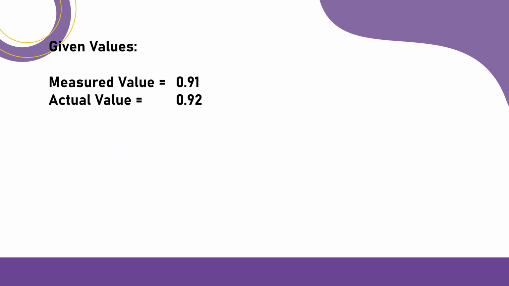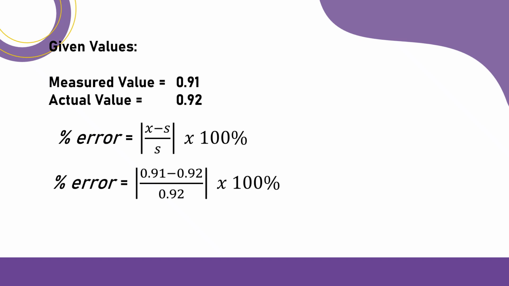To solve the given problem, let's start with the given values. Our measured value is 0.91 and the actual value is 0.92. Let's now substitute these values in our formula. Percent error is equal to the absolute value of 0.91 minus 0.92, divided by 0.92, times 100.